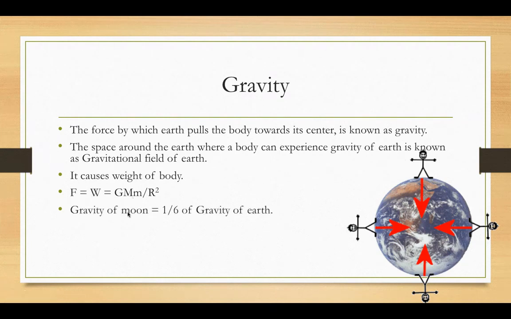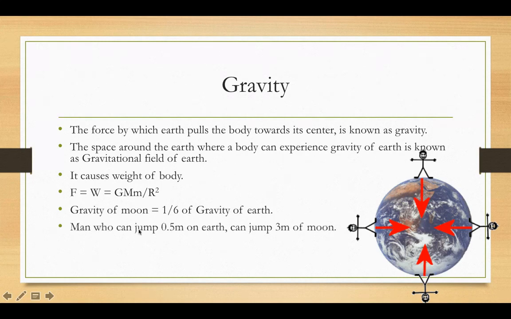And gravity depends on the mass of the heavenly body. You know that the moon has less mass than the earth. That's why the gravity of the moon is also less. How much less? 1/6 of the gravity of earth, meaning it is 6 times less than the gravity of earth.